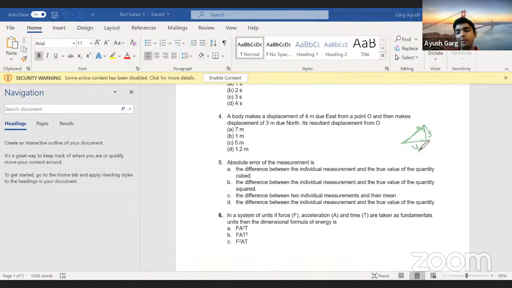In this triangle, you can do under root of 4 square plus 3 square. 4 square is 16, 3 square is 9, the sum is 25, and under root of 25 is 5. So automatically this side comes out as 5, and this is going to be your displacement. So your answer is C.